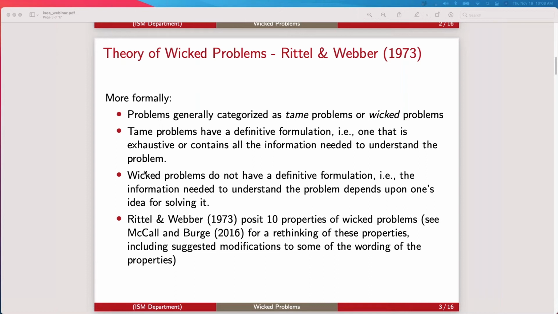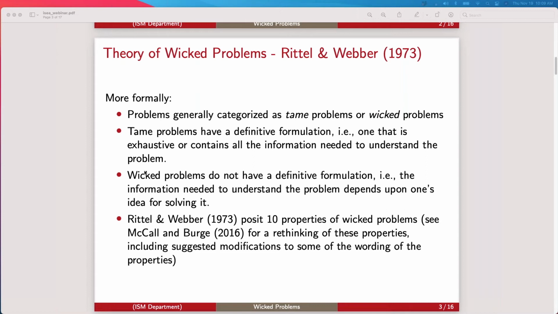However, Rittel and Webber continue on and say, well, wicked problems do not have a definitive formulation. That's actually the first property of a wicked problem. That is, the information needed to understand the problem depends upon one's idea for solving it. So we have this non-linear problem solving framework that is needed.